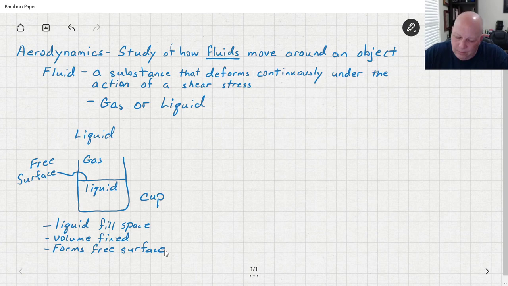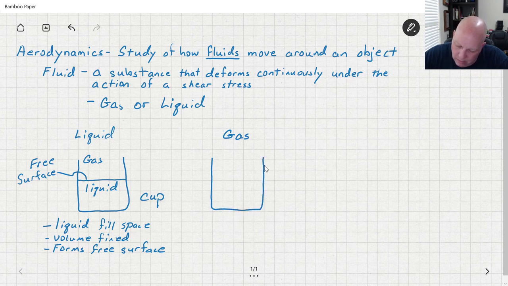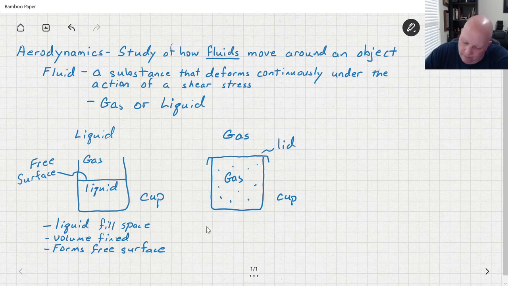Now let's look at a gas. If I pour gas into that same cup, I'll see some different behavior. The gas is going to expand to fill the entire cup. In fact, it's going to spill over. It'll fill the entire room unless I put a lid on the cup. So the gas fills the space, but the volume is not fixed.